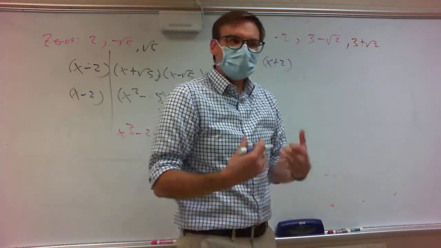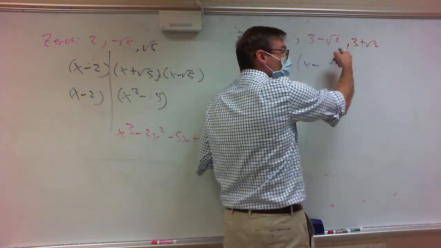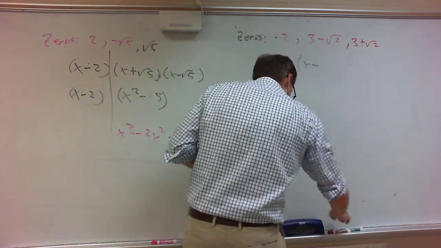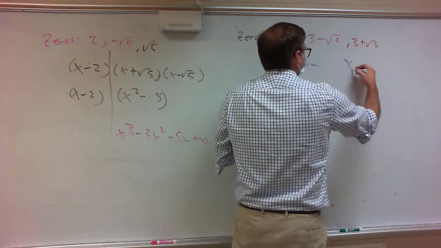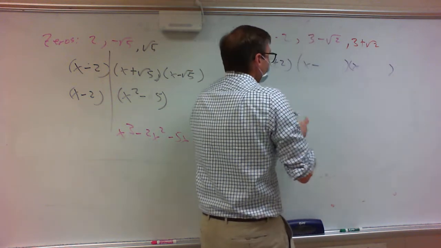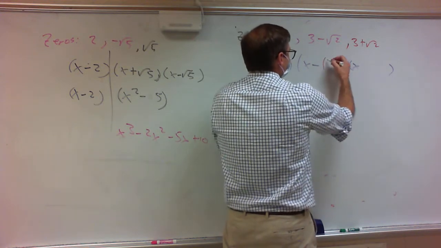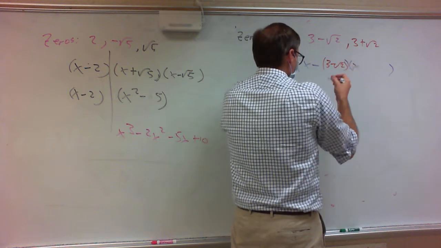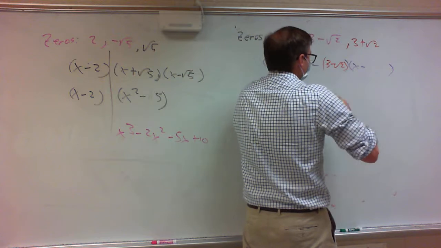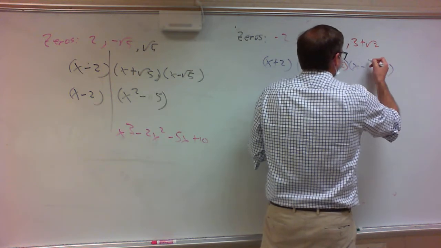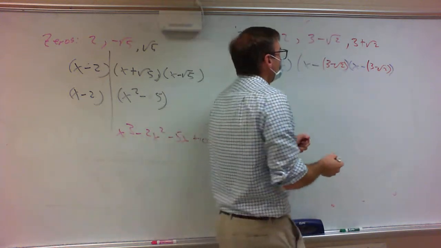The official math way is you have to say x minus whatever this is. So this is going to be 3 minus the square root of 2. And it's x minus, and this is 3 minus the square root of 2, right? Plus. Plus, thank you.